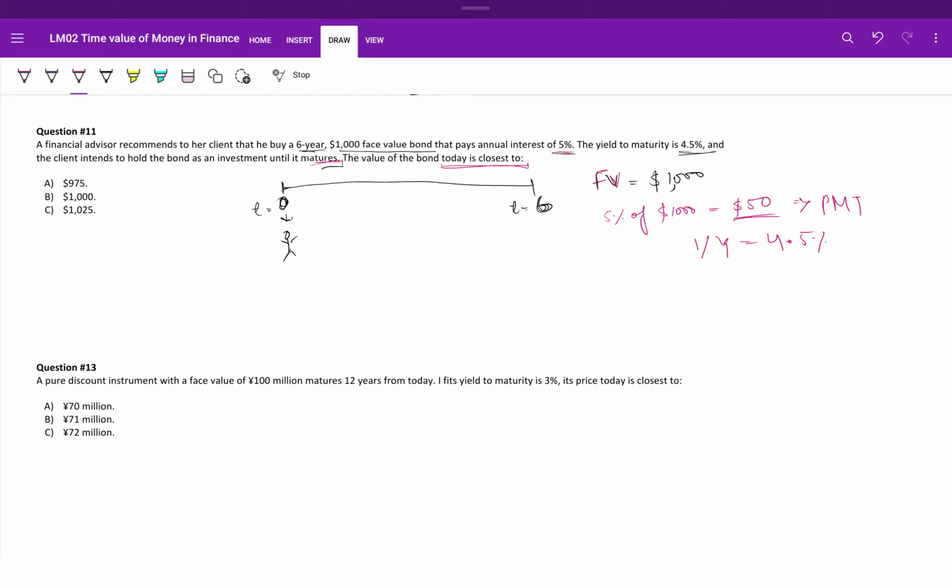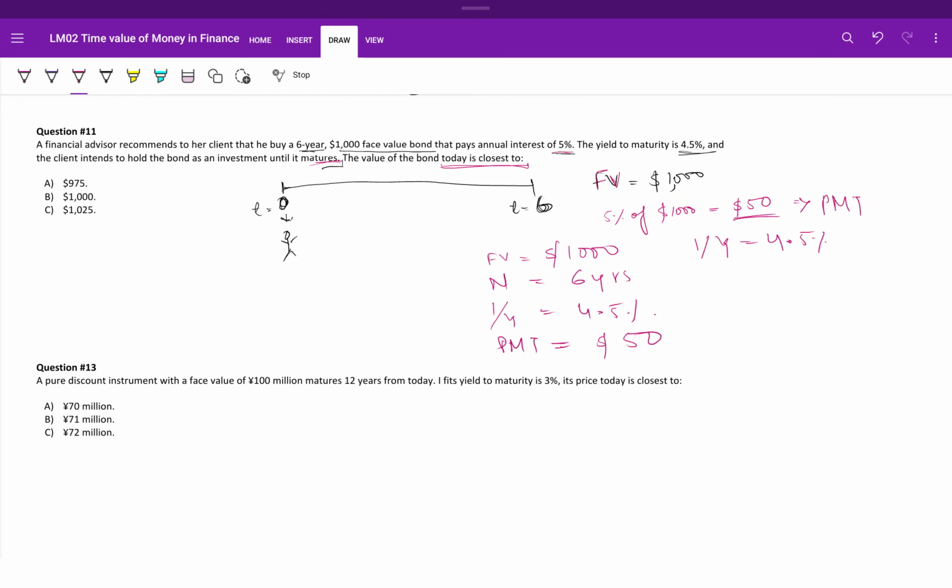So in this question, the future value of the bond is $1,000. N is equal to 6 years. I/Y is 4.5%, and the PMT, the payment which the client is going to receive, is $50.